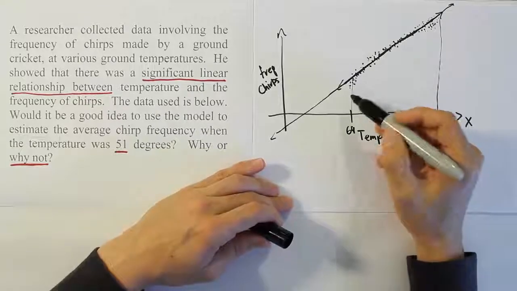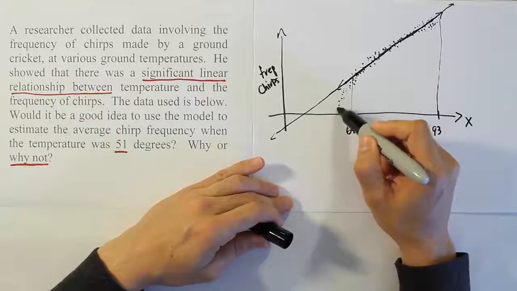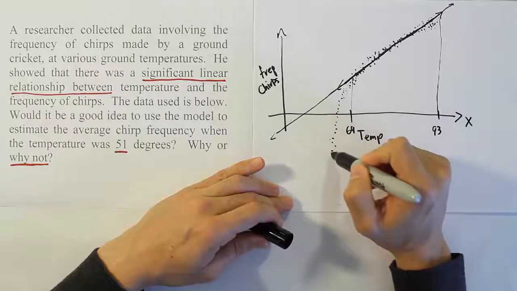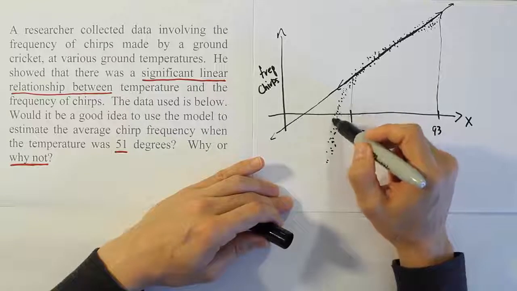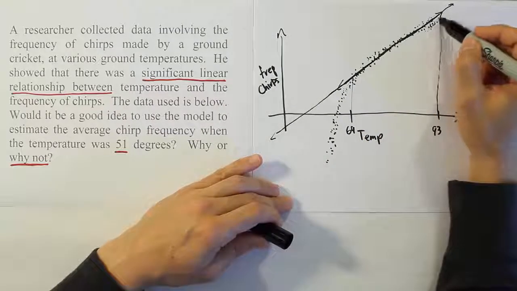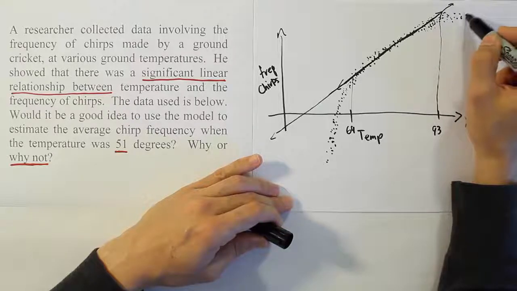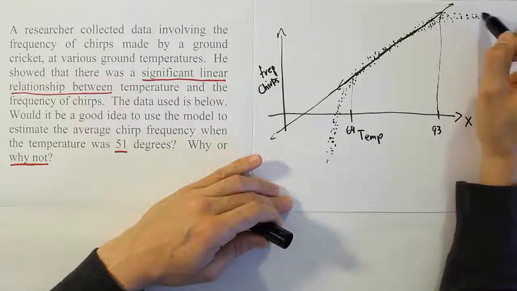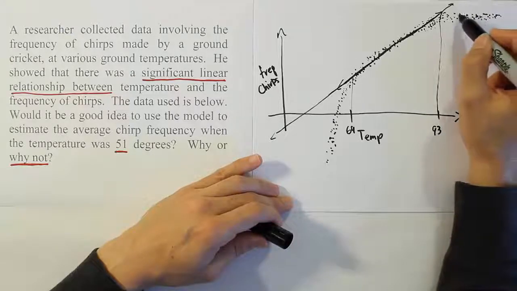But here's the thing. What if the data starts to do this after this point? What if it starts to head down because maybe it's actually just part of a very wide parabola, or maybe even a logarithmic type graph, so that it eventually begins to taper off to some horizontal asymptote?